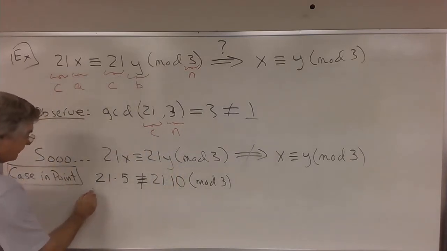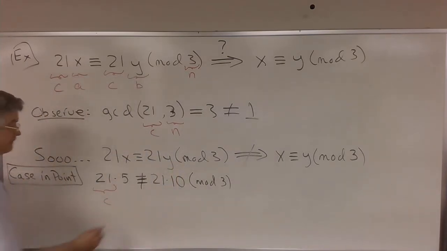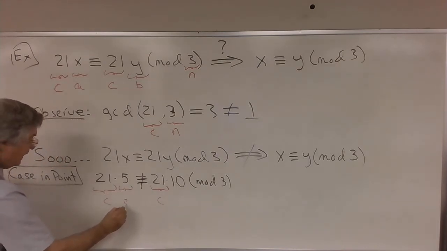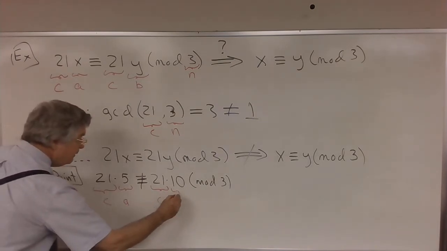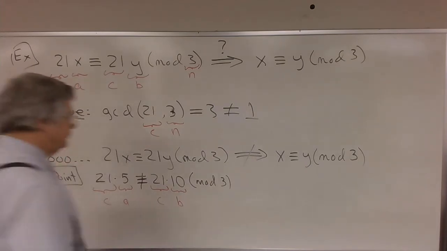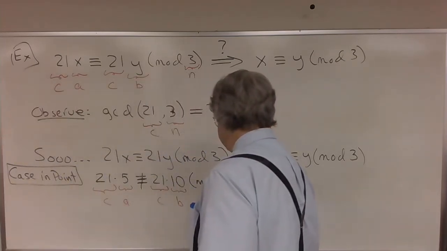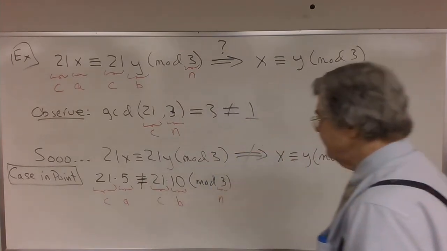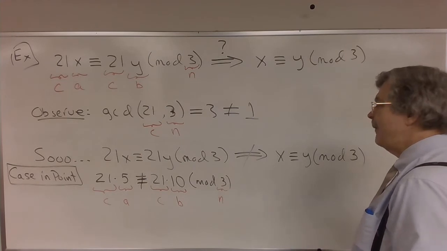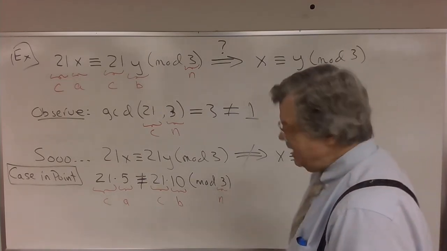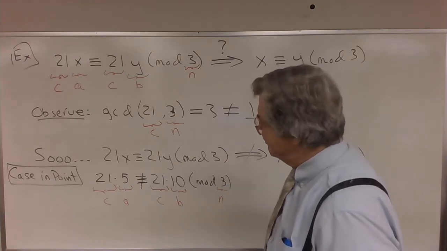Our common factor is C. So 5 is our A, 10 is our B, and 3 is N. And I better rectify what I've written here.